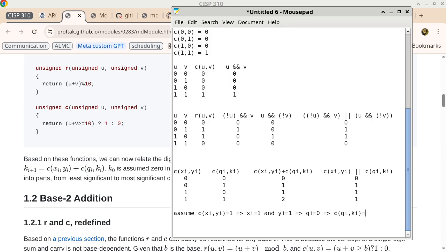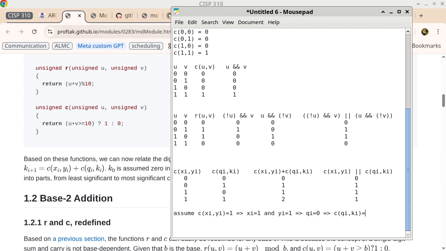So if we know Q of I is a 0, what is the conjunction of 0 and something? It's still in the truth table on the projector. If we know Qi is a 0, it means we are looking at the first two rows over here. The answer has got to be a 0.